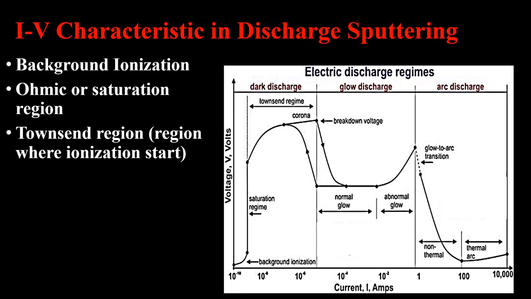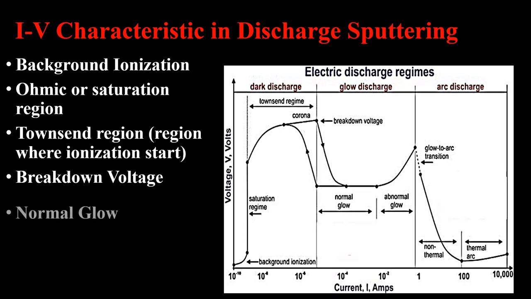This point is known as the breakdown voltage region. As a whole, the region from where the electrons are trying to ionize argon up to the normal region is known as the Townsend region, or the region where the ionization started.